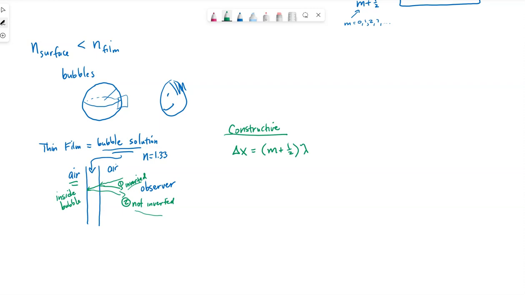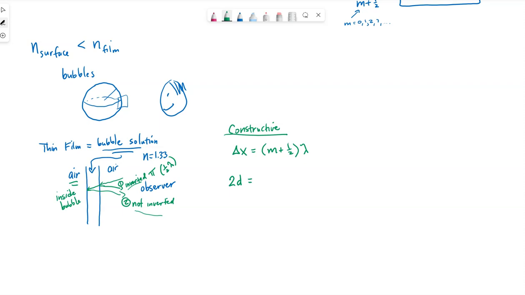So when a wave is inverted, it is always inverted by pi, not pi halves. I said pi halves before, I apologize. It's by pi because it's inverted by half a wavelength exactly. So these two waves are half a wavelength out of phase, meaning to get them back into phase, the one wave has to travel half a wavelength farther.